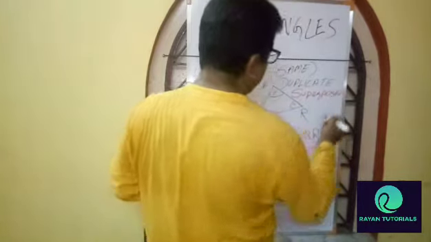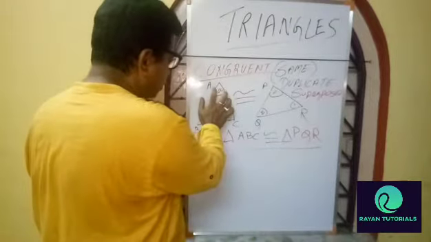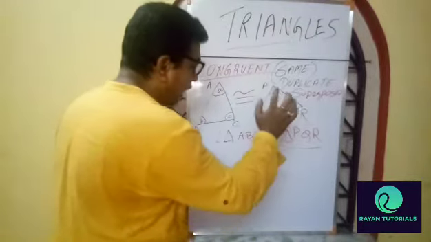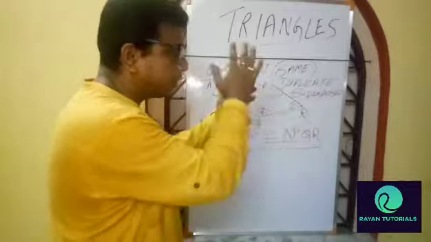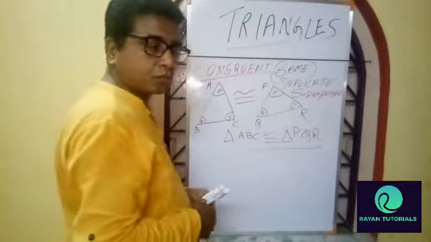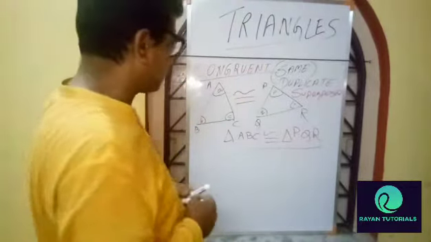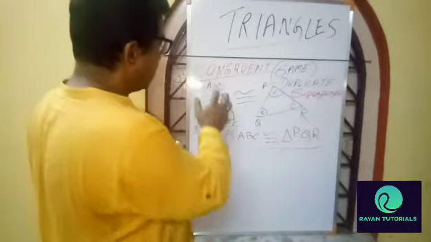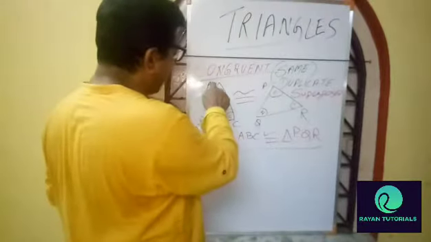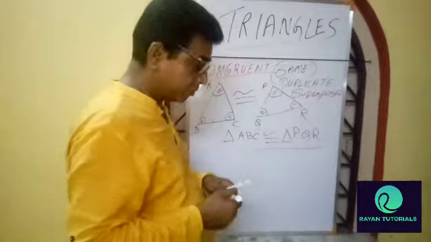Superposed means, suppose this triangle I take out and put here, it will be the same. Both the triangles will be the same.